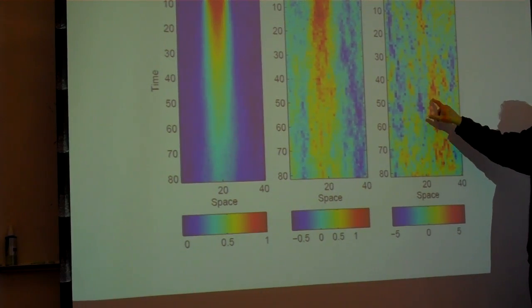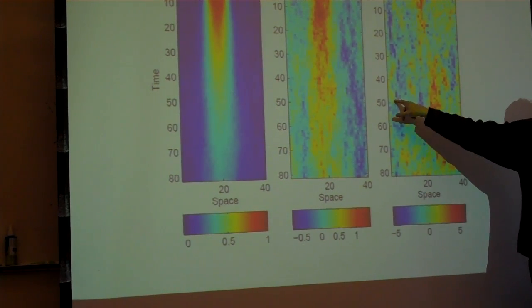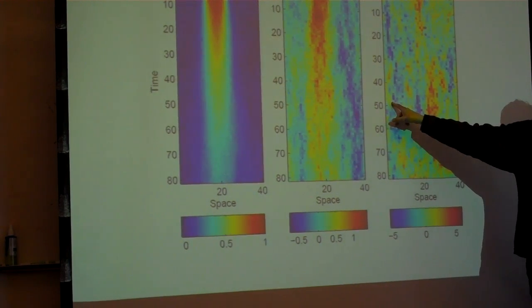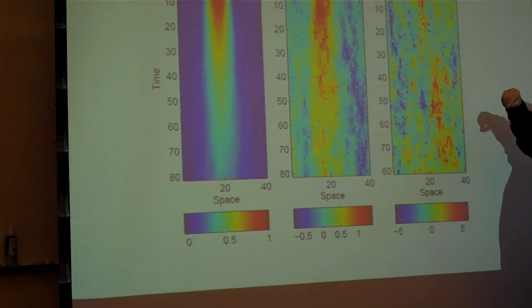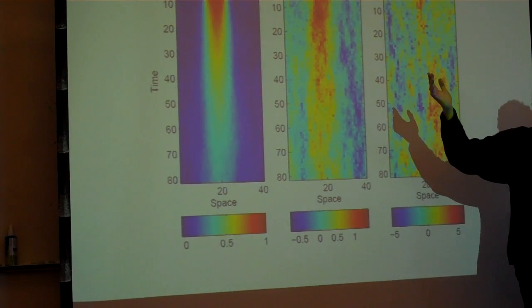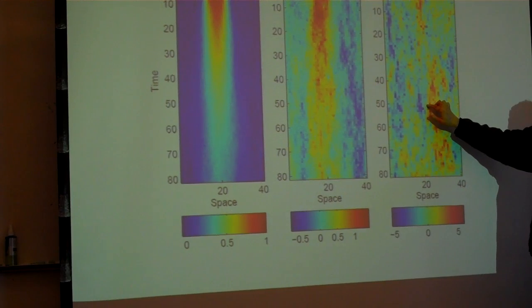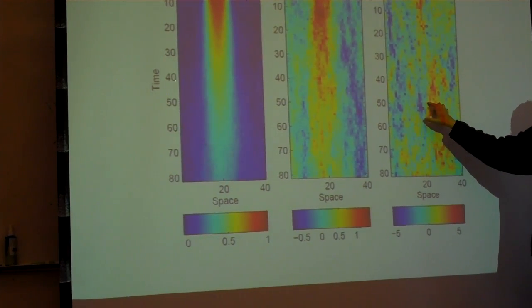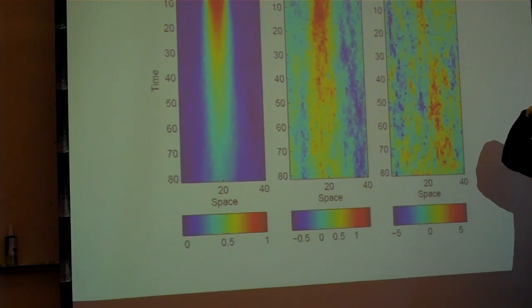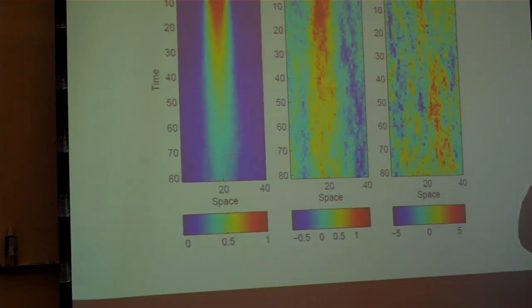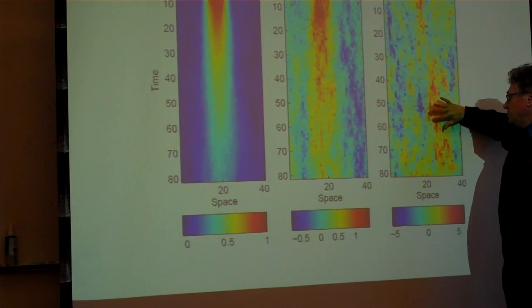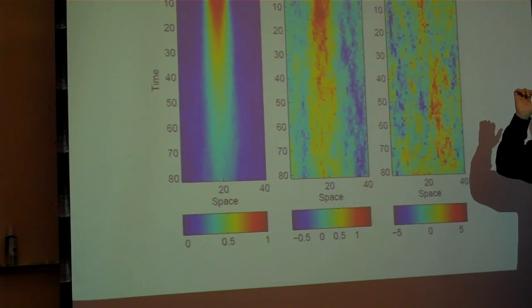We might want to interpolate in space at a given time. And the spatiotemporal variogram allows us to use information from nearby times as well as nearby locations. So we extract information from the temporal dynamics as well as the spatial dynamics when we're making our interpolation, and we could just as well interpolate in time as in space.